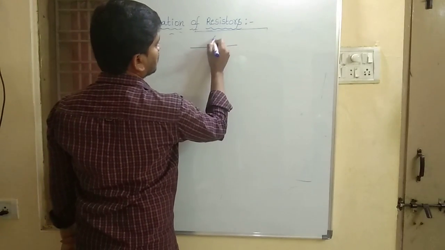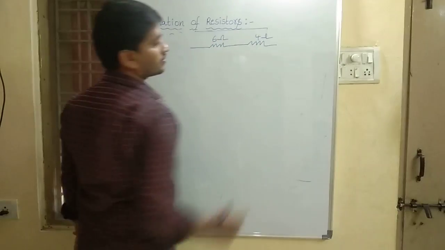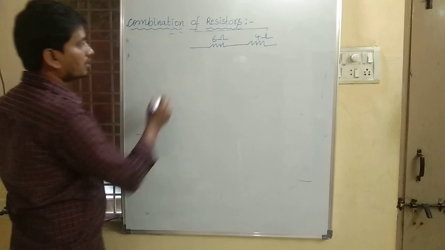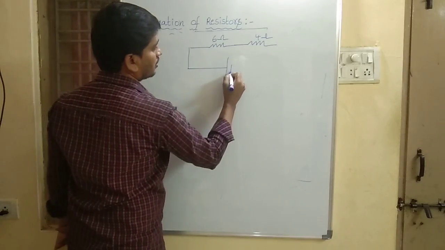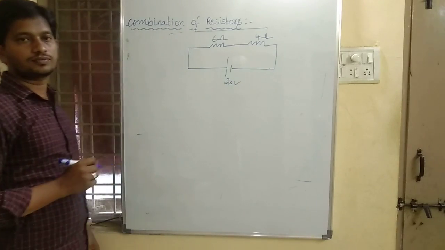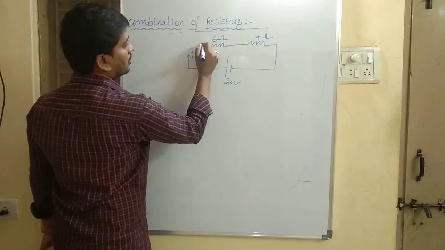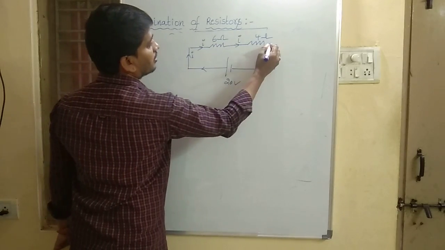We have two resistors, 6 ohms and 4 ohms. When they are connected in series to a 20 volt battery, the current will flow like this. Same current.